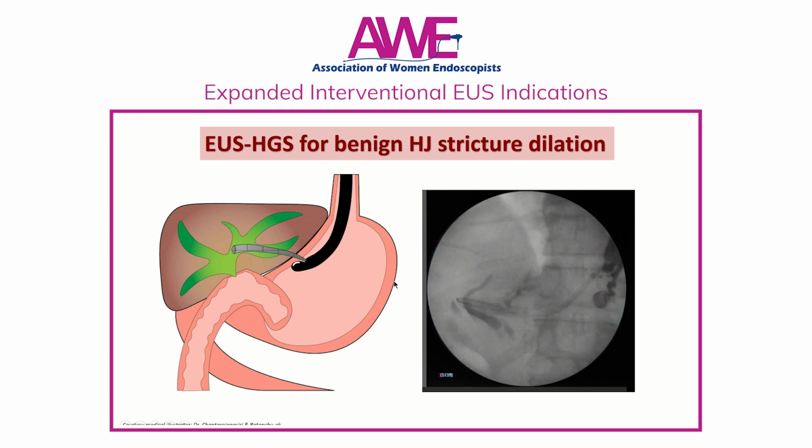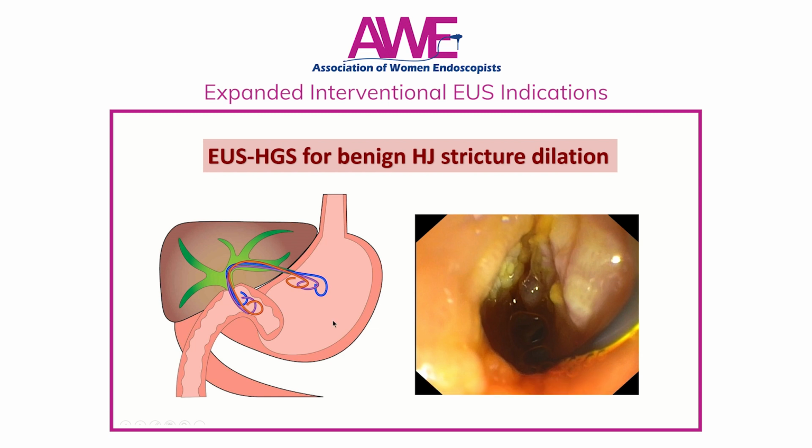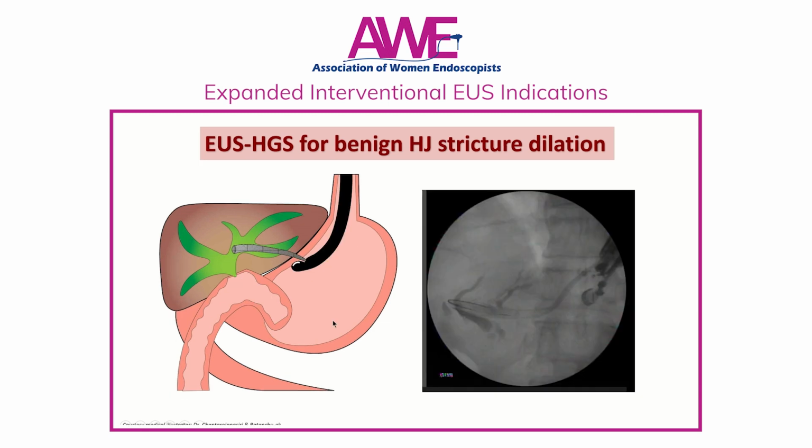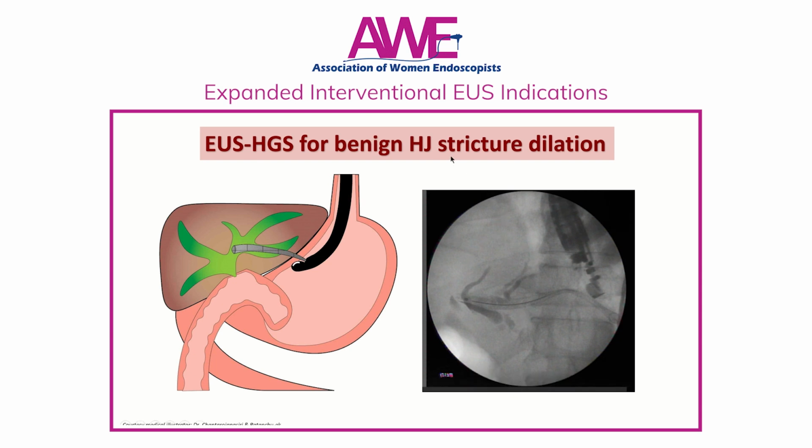This video demonstrates the creation of the hepaticogastrostomy tract, and a fully covered metallic stent can be placed through this tract. That's the first step when we try to treat the hepaticojejunostomy stricture.